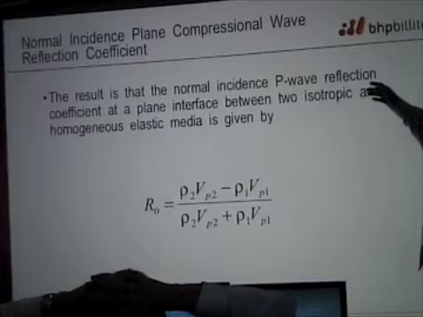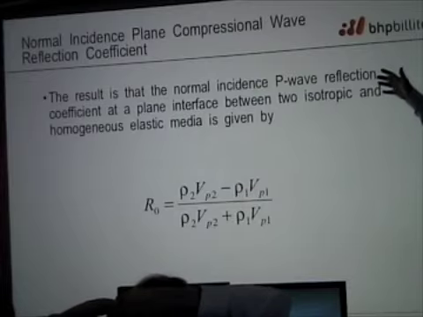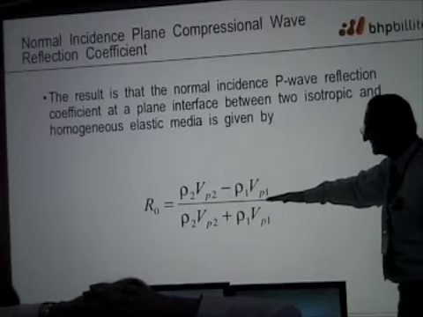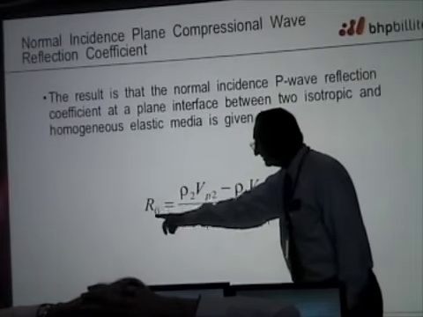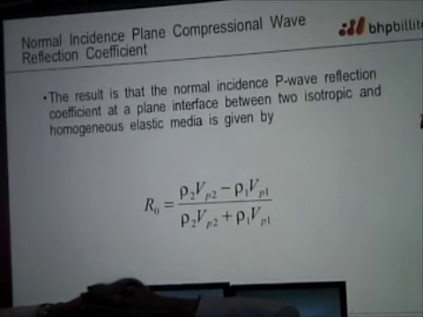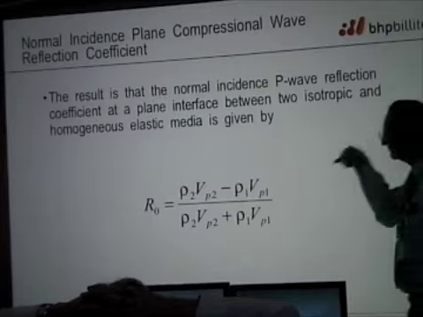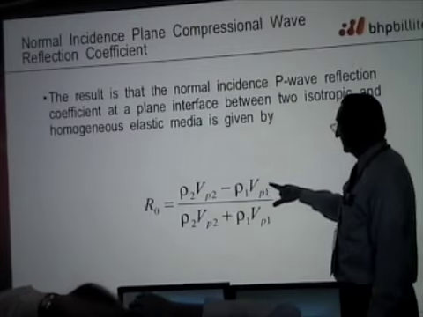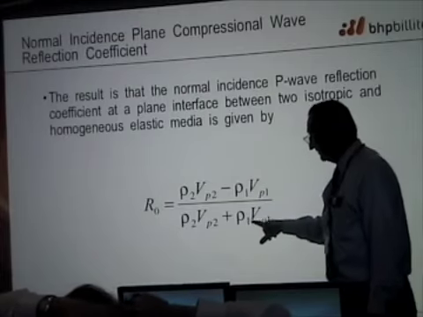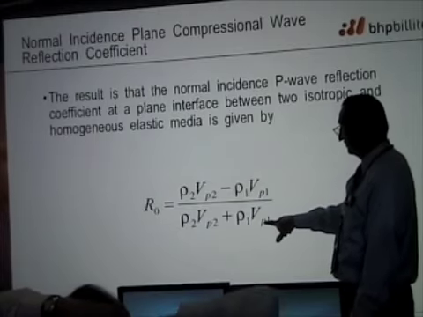The result is that the normal incidence P wave reflection coefficient at a plane interface is given by this expression. R0, where the 0 stands for normal incidence, 0 degrees angle, is the difference between the acoustic impedance of the lower and upper media divided by the sum of their acoustic impedance. What's the acoustic impedance?